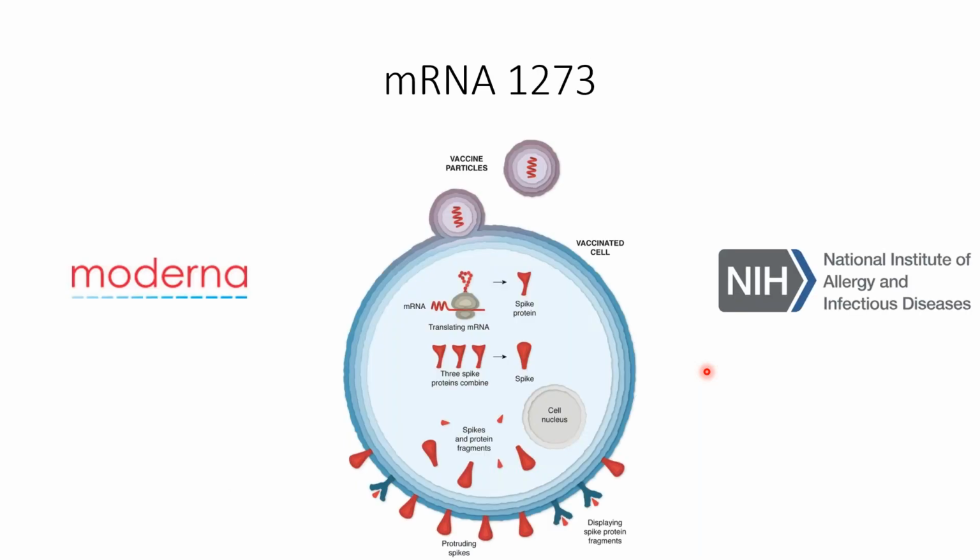So a common vaccine using this principle is the mRNA 1273 vaccine, also called the Moderna vaccine, which is being produced by the company Moderna in collaboration with the National Institute of Allergy and Infectious Diseases of the USA. Here, the outer capsule merges with the host cell and delivers the mRNA.